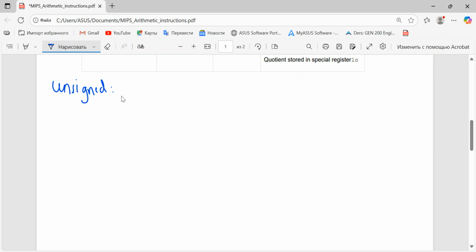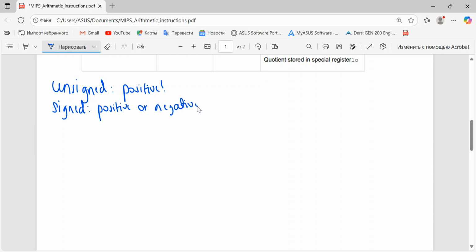It can be either signed addition or unsigned addition. It means that in unsigned format the number can be only positive. Let's write here, positive. In signed format, it can be either positive or negative.